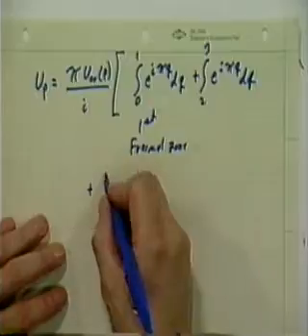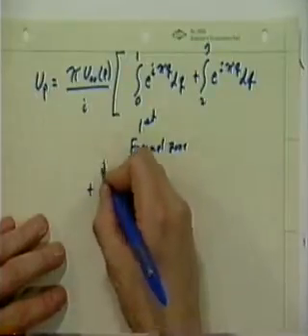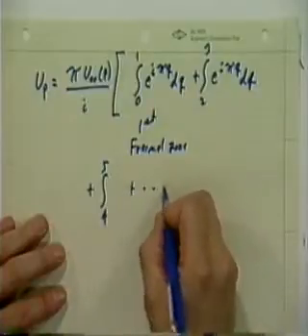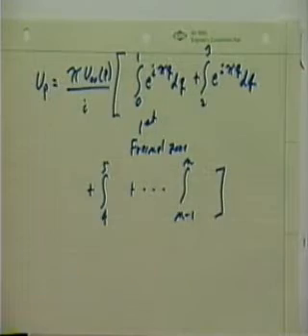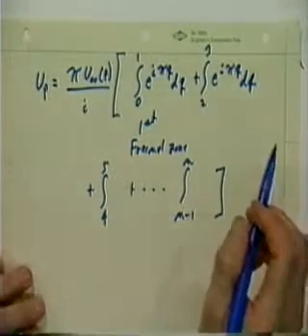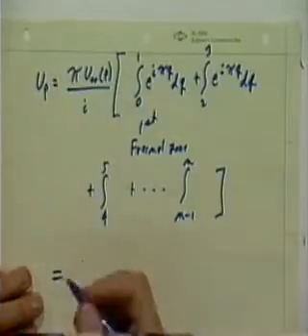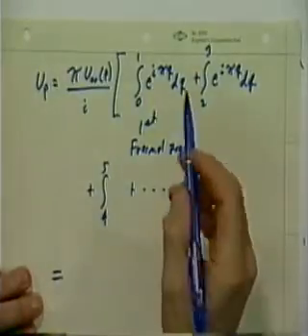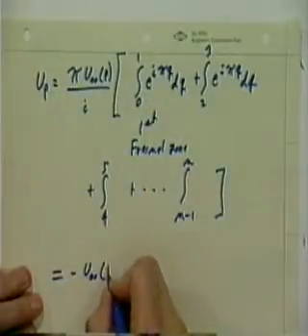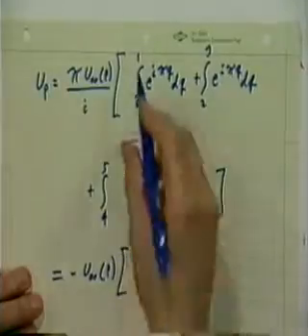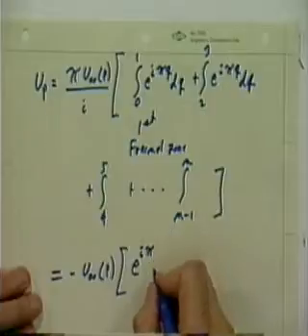And then we'll have the integral from 4 to 5, since 3 to 4 we don't use, and so on out to n minus 1 to n. So we have to do all these integrals, and fortunately it's simple, so I can still do it. And so what we'll get here is minus u double zero of p. The first one, we get e to the i pi minus 1.